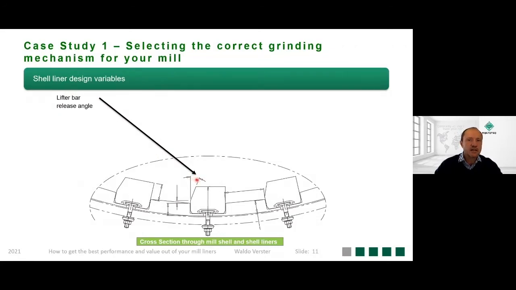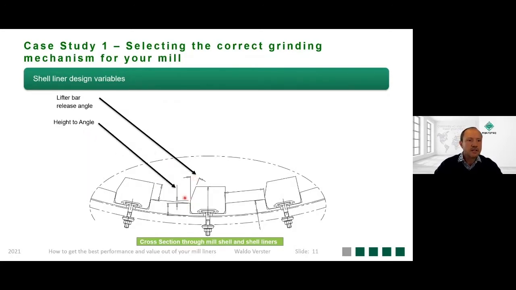If we make this angle less aggressive, it means if we increase this angle, we will reduce the amount of impact grinding taking place in the mill. If we make it more aggressive, that means reducing this angle, we will increase the amount of impact grinding, and we can even then overthrow the material that will result in direct ball on liner impact.